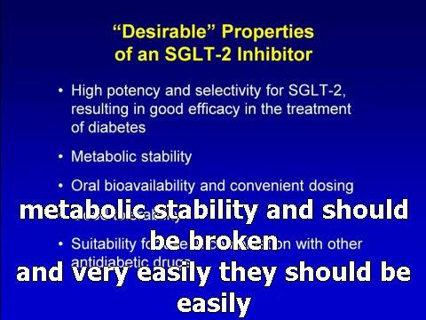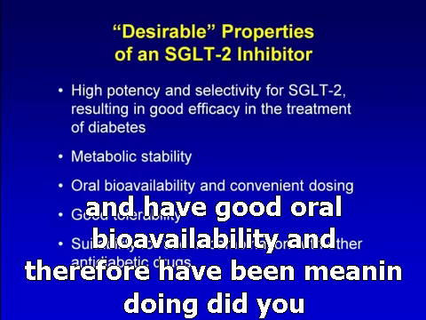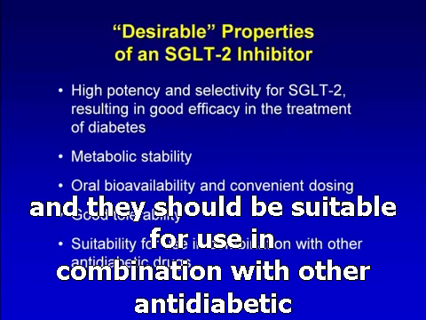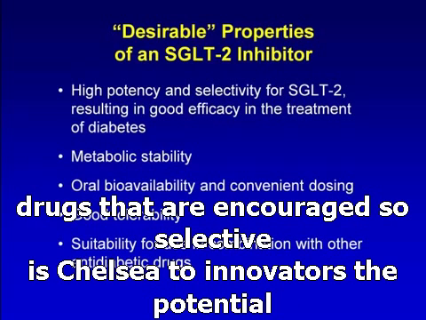They should be absorbed easily and have good oral bioavailability, and therefore have convenient dosing schedules for better compliance. They should be tolerated well with minimal side effects, and they should be suitable for use in combination with other anti-diabetic drugs that are in current use.